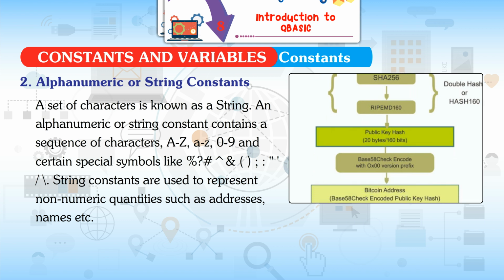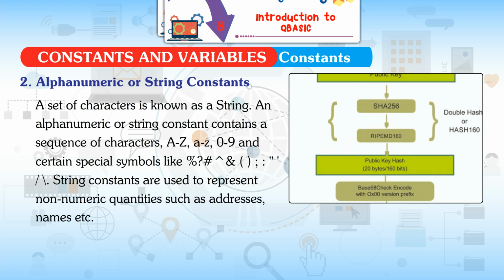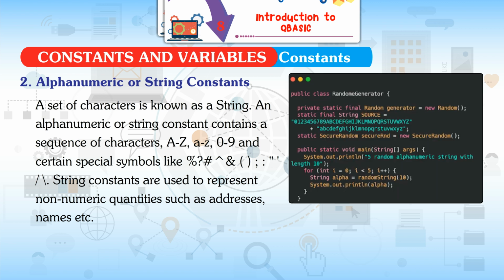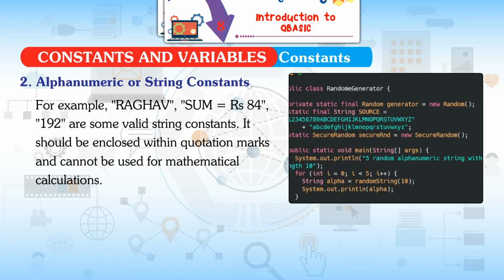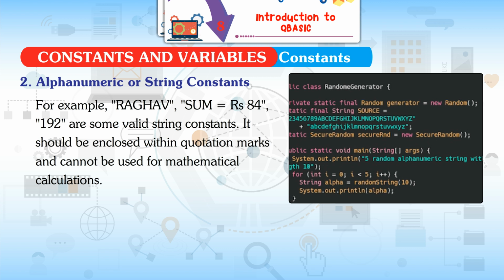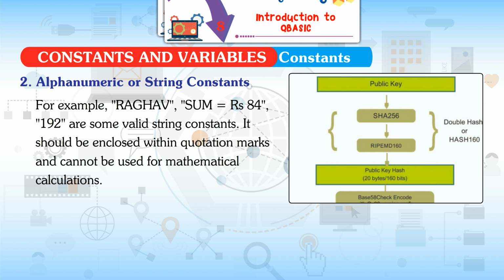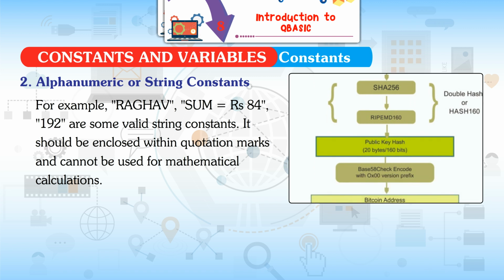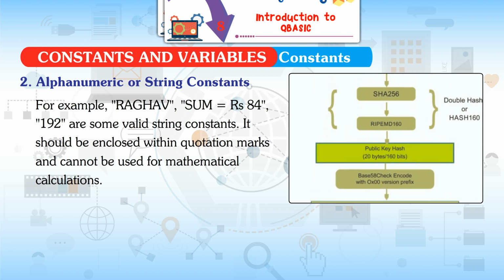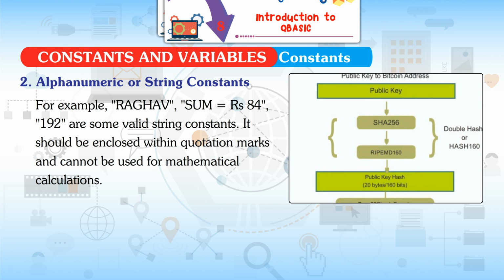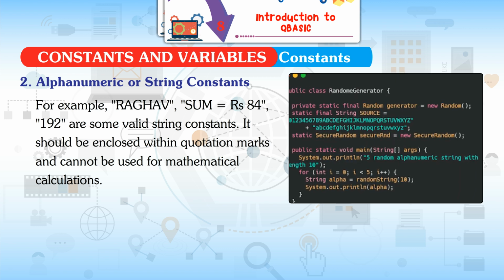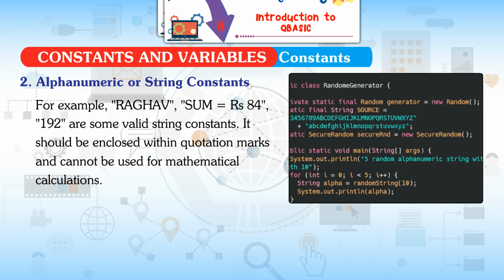String constants are used to represent non-numeric quantities such as addresses, names, etc. For example, "Raghav", "Sum = Rs. 84", and "192" are some valid string constants. A string constant should be enclosed within quotation marks and cannot be used for mathematical calculation.